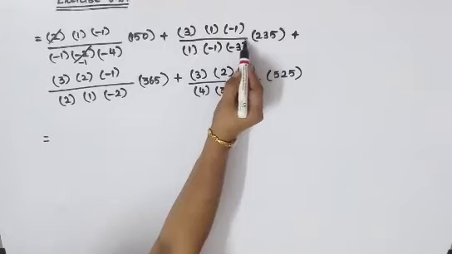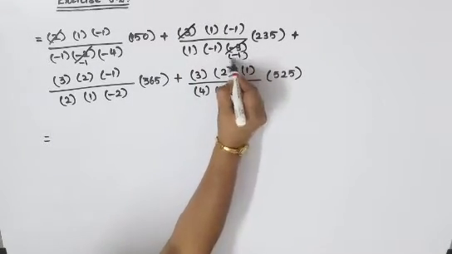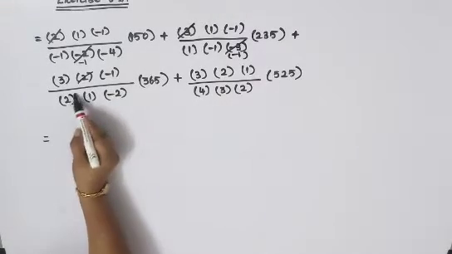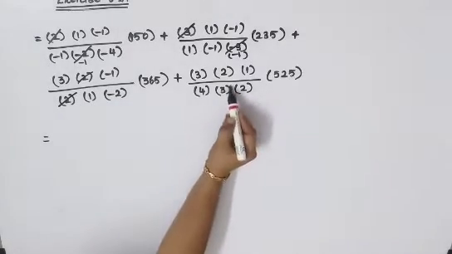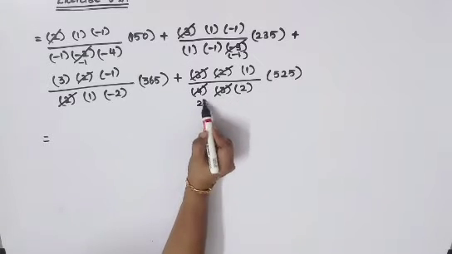Whichever you can cancel, just cancel as 3 and 3, you'll get minus 1 again here. And here this 2 and 2 you can cancel it. 3 and 3 you can cancel. 2 and 4 you can cancel, you will get your 2.